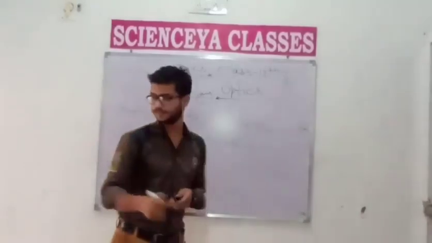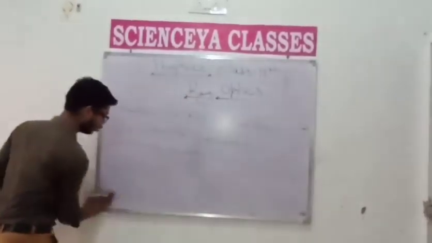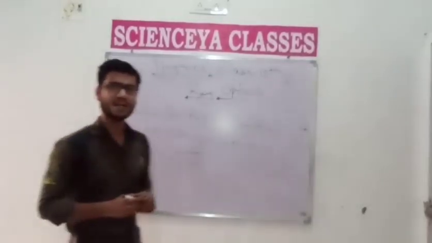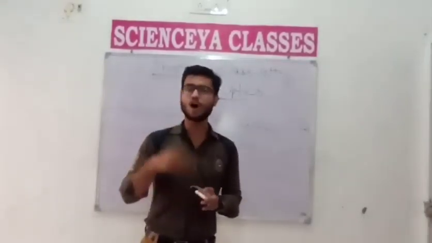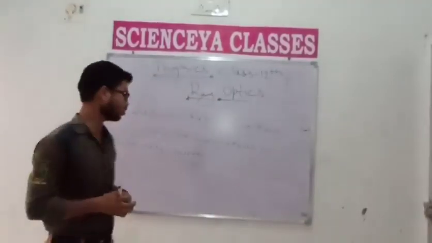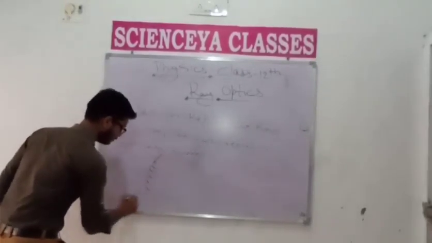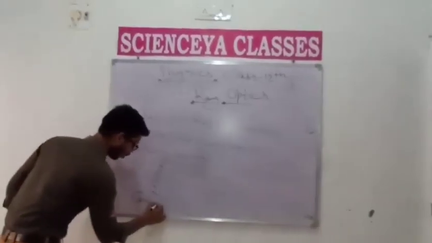Here there are not as many cases as in a concave mirror. There are only two cases: when the object is at infinity, and when the object is between infinity and C. Okay, friend? So this is a convex mirror.